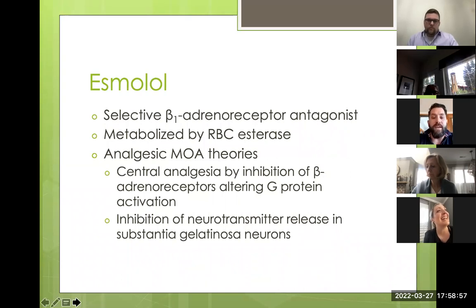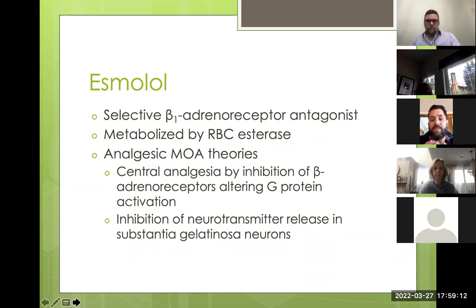Esmolol as a pain medication: the thought is that it's inhibition of beta adrenergic receptors altering a G protein activation, and that causes an inhibition of neurotransmitter release in the substantia gelatinosa neuron, lamina 2.